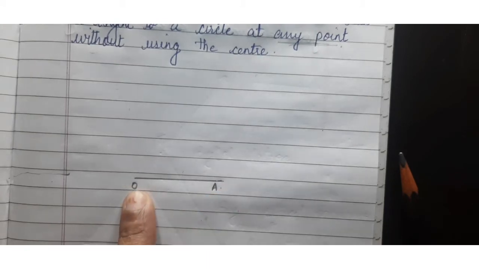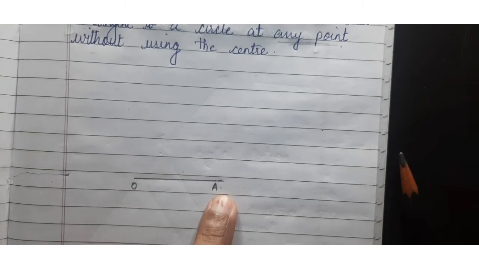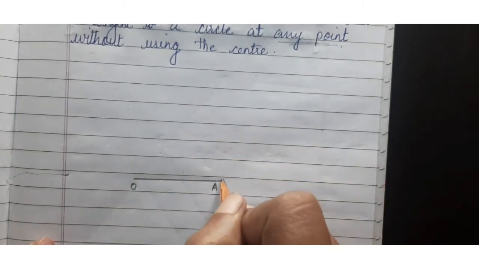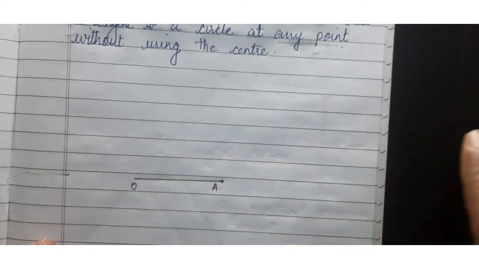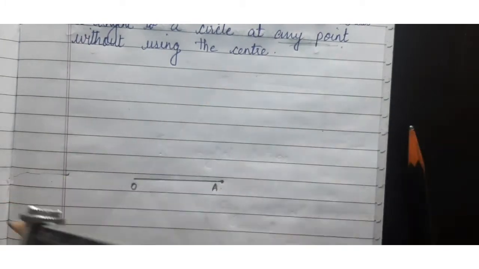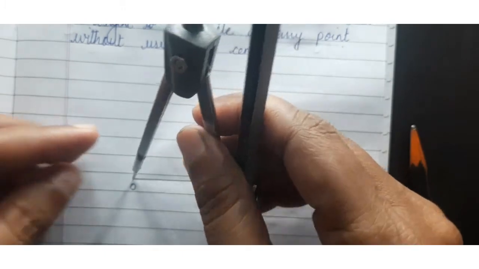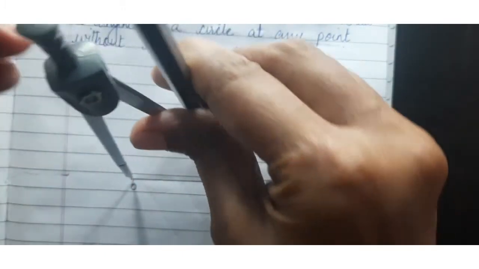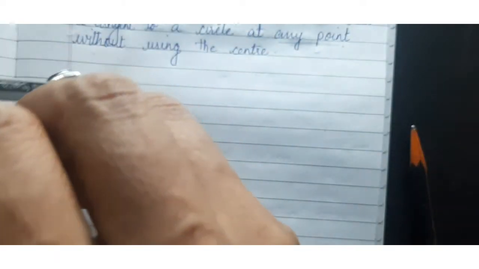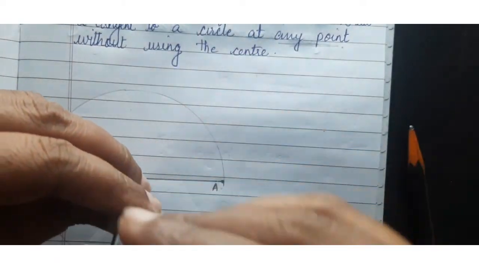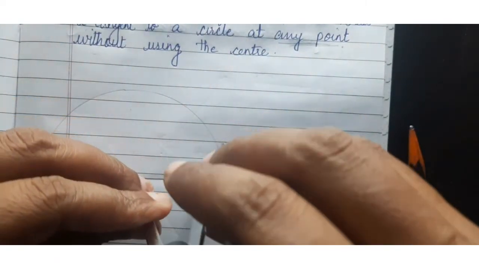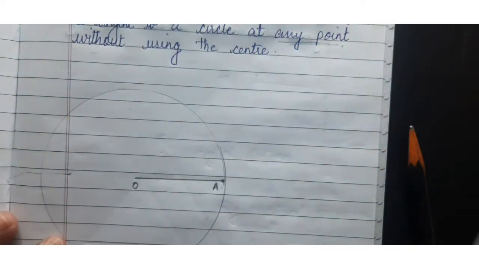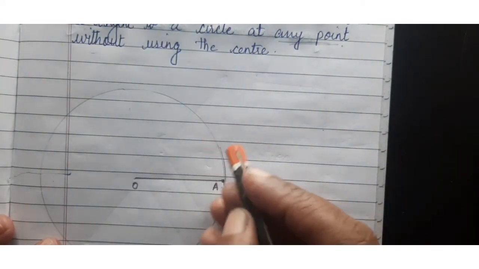I have named the center as O, and the point where the circle will be intersecting, that point as A. Now I'll be keeping the pointer on O, and I'll be drawing a circle. Now this way you have to draw the circle. Done.